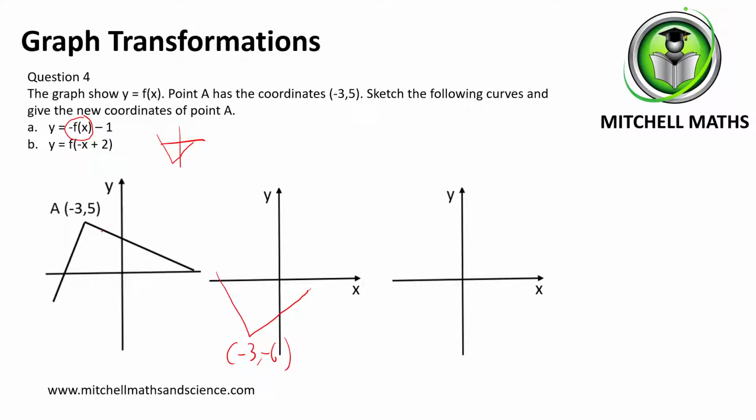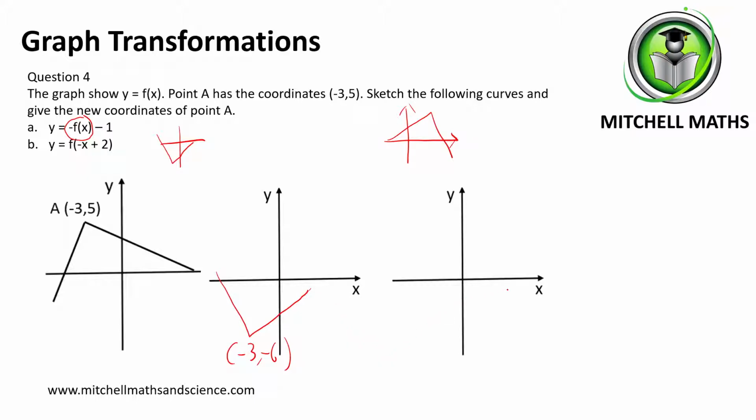And for this one, well, first of all, we've minus the x, so the x's are all going to switch round. That'll mean that the graph would look a bit like this. If we minus the x, it's reflected in the y-axis. But then we're going to plus 2, and because it's in brackets, that means it's affecting the x, which means that because we're adding to the x value, everything's going to be shifted in the negative x direction to the left.